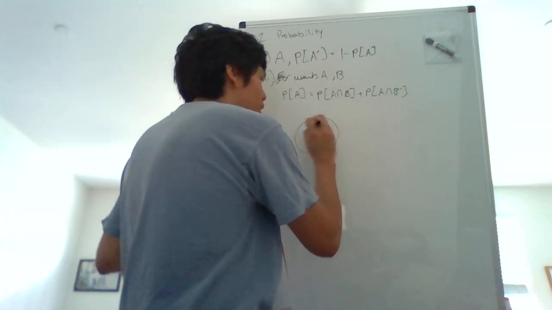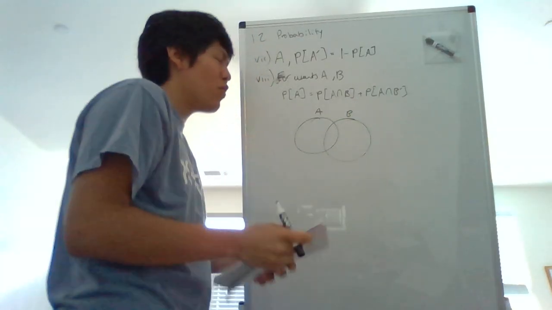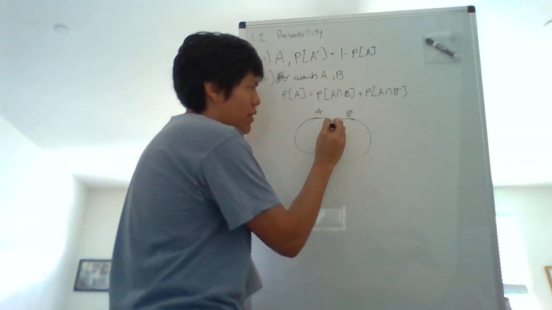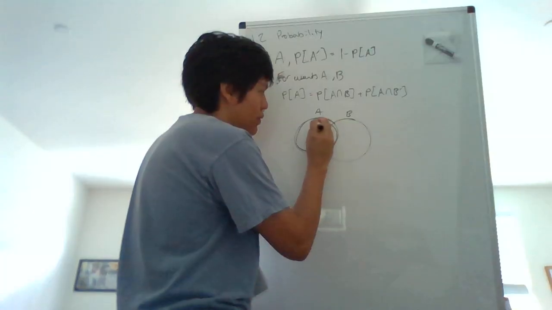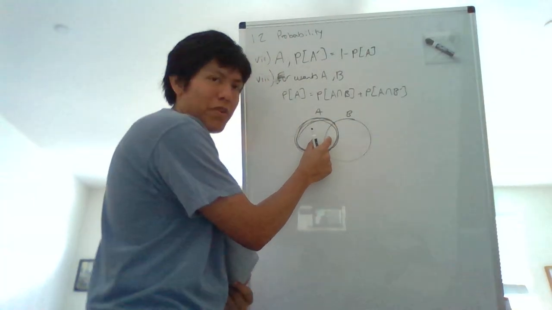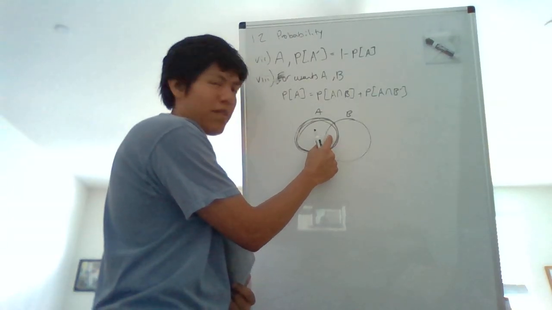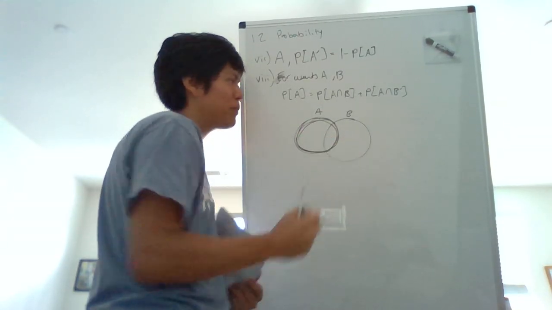Let's say we have A and we have B. And let's say we only want to find the probability of A, which would be just this circle. You'll see it's split up into 2 different parts. You have this part and the middle part where they overlap.